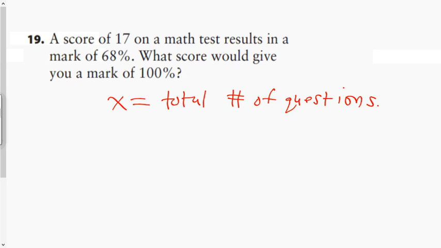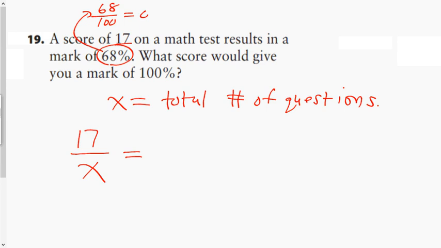So we have x equals the total number of questions, but you got 17 of them. So you got 17 out of the total number of questions on the test. And you're like, I got 68%. Now be careful. Be careful. Because 68% is 68 over 100, which is 0.68.